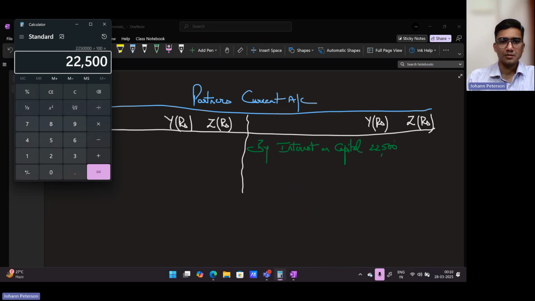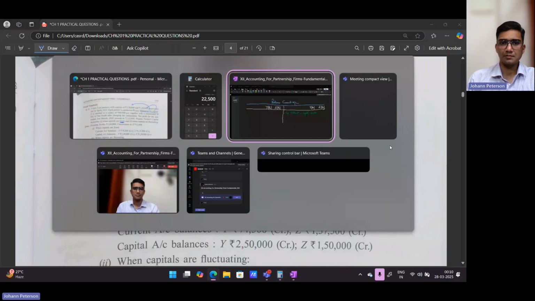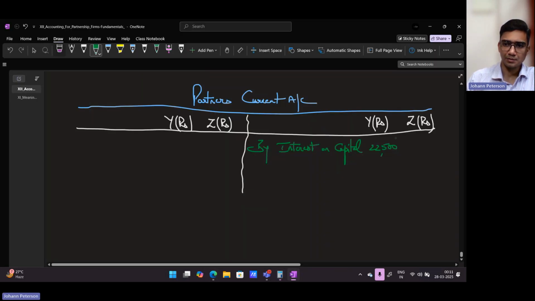Similarly, on 150, 150 at the rate of 9%, into 9 divided by 100, so 13,500.